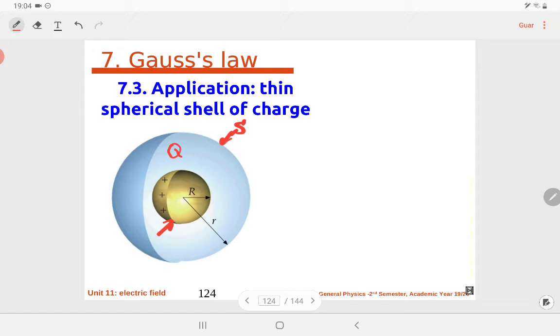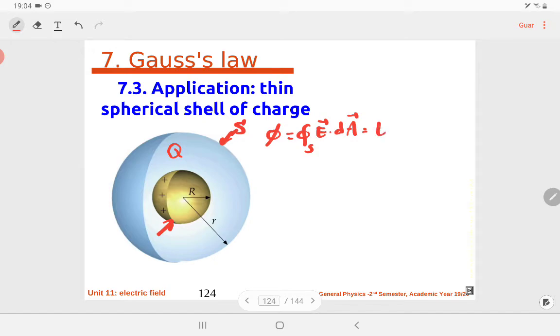And if we do apply Gauss's law, it will say that the total flux across the surface, which is the integral over the surface of E dA, here we have that the electric field is going to be perpendicular on each point of this surface, and it has always the same modulus.